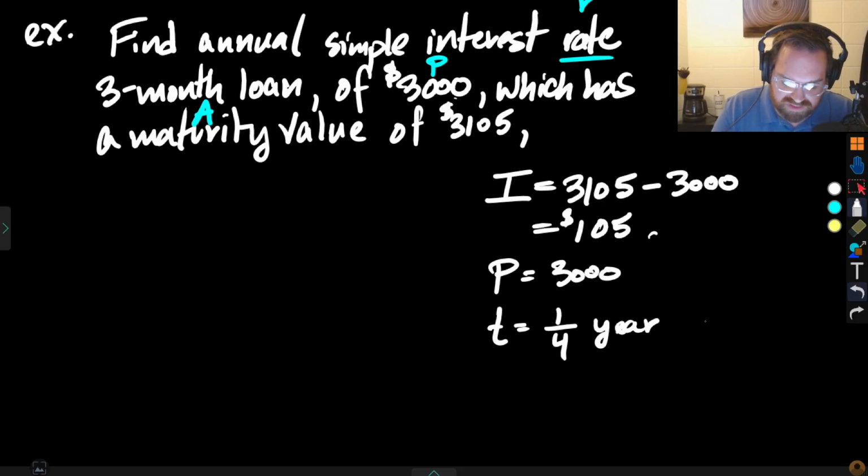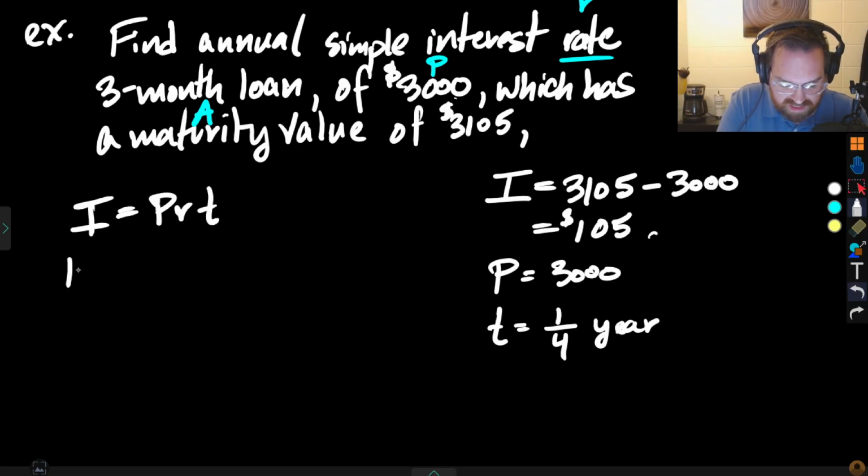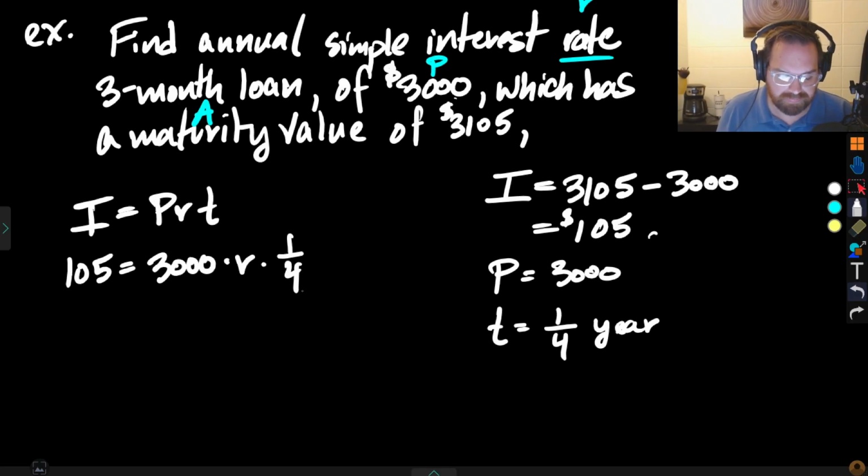So the annual simple interest rate, if I use the formula I is equal to PRT, I can go ahead and do 105 is equal to 3,000 times R times 1/4, right? So I'm using just the simple interest formula. I'm not using the maturity value.